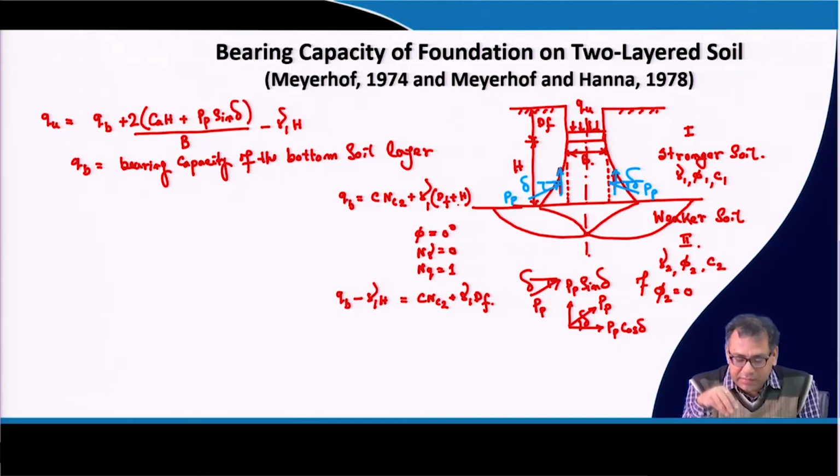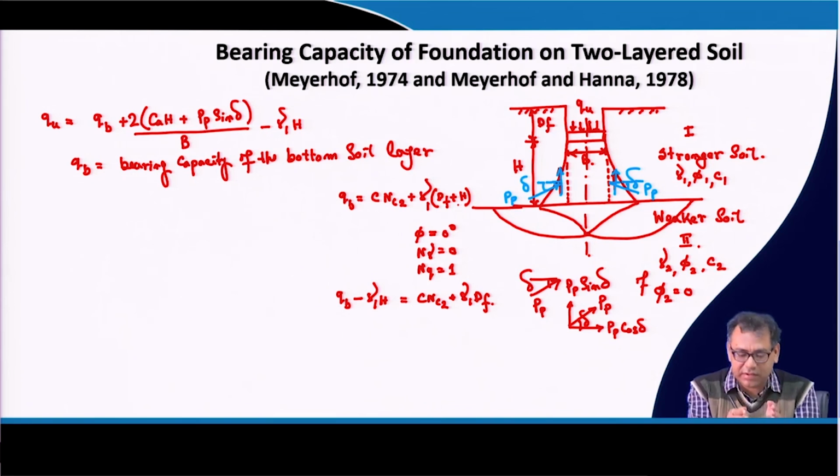Now, one thing: if during the QB calculation you itself neglect that value and calculate only C N_C into gamma 1 D_f, then there is no need to subtract gamma 1 H. Either you calculate QB considering D_f and H, and then subtract that H contribution, or you take QB with only the D_f contribution, and then there is no need to subtract it.